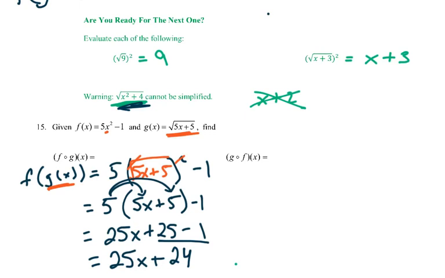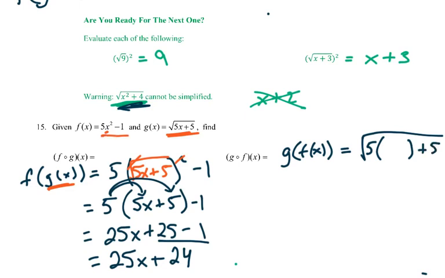If I do the opposite and do g of f of x, my g of x is equal to the square root of 5 times x plus 5. My x in this case is the f of x, so it's going to be 5x squared minus 1. Okay. So then here, I have to distribute the 5 to both terms inside here. So that gives me the square root of 25x squared minus 5 plus 5.